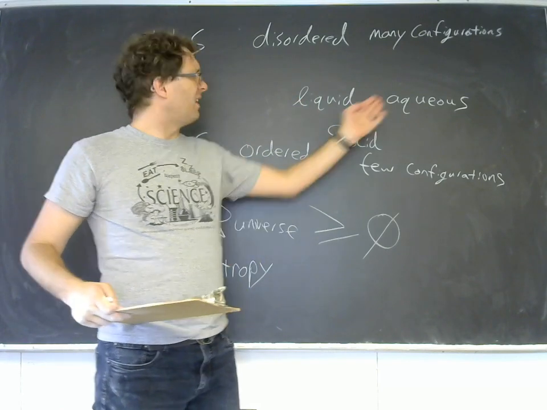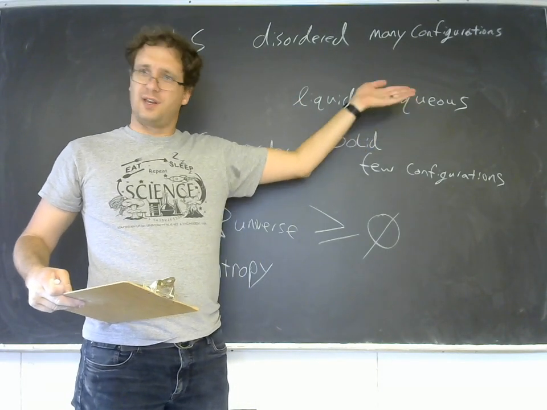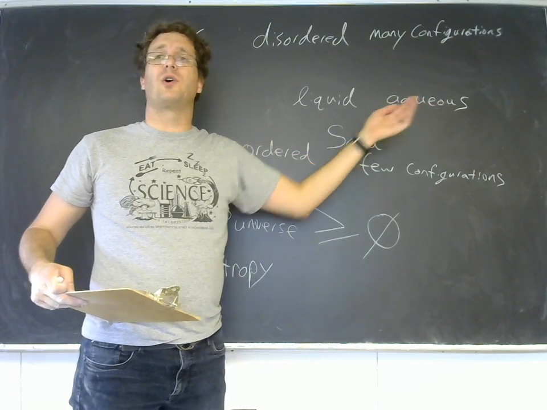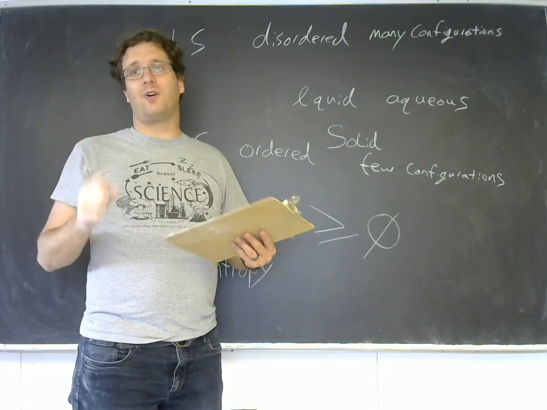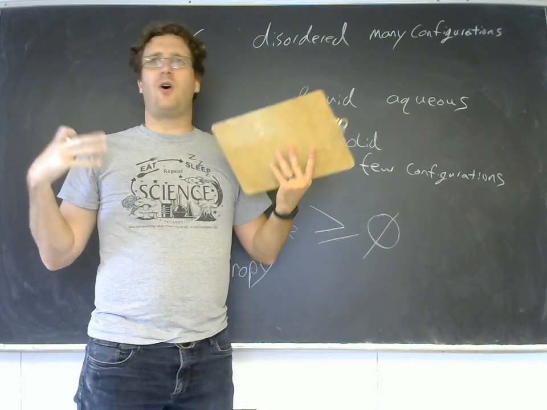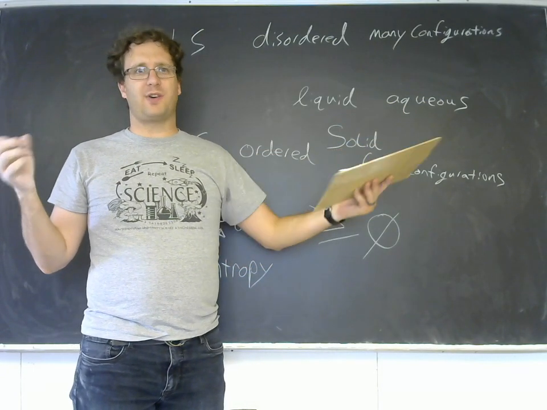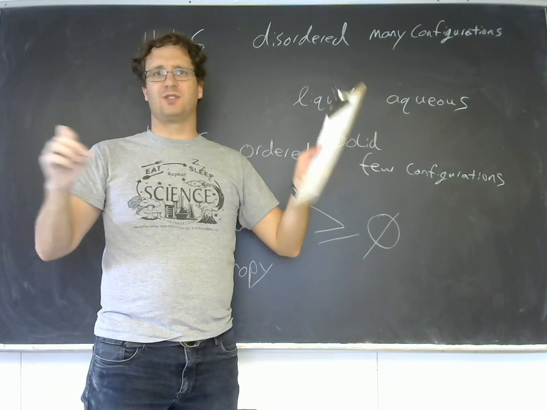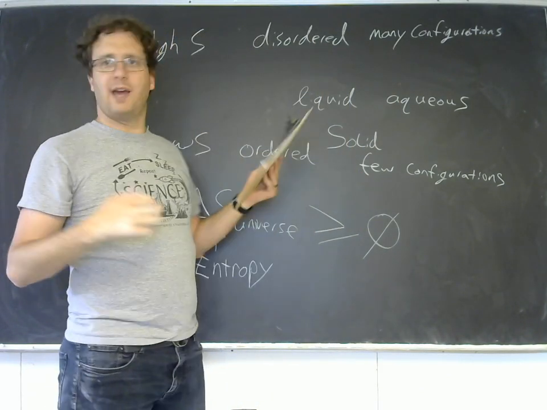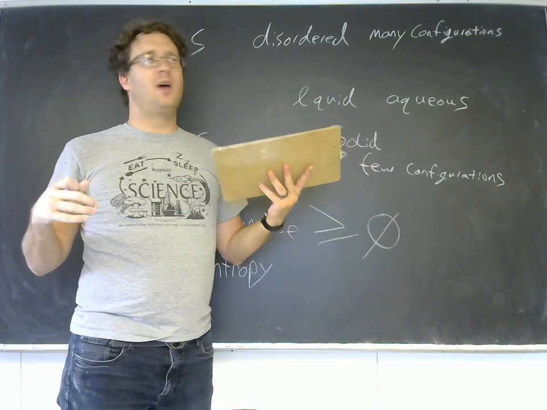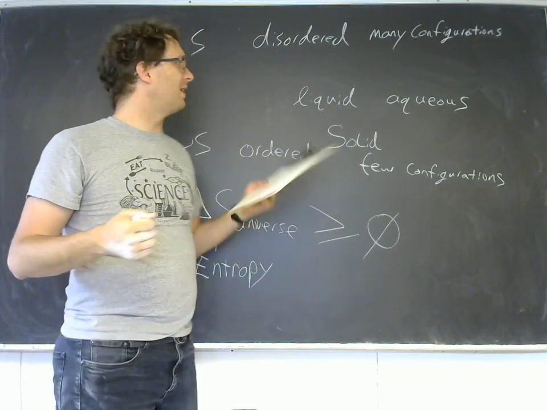And in an aqueous solution, then your solute is also able to flow and move. And so you could have particles that have all the same energy levels, but now they're able to swap positions. They're able to move on top and below and around and past one another. And that creates more configurations. There's more disorderliness, and it's higher in entropy.